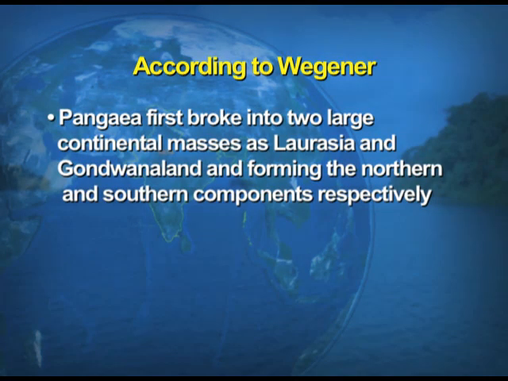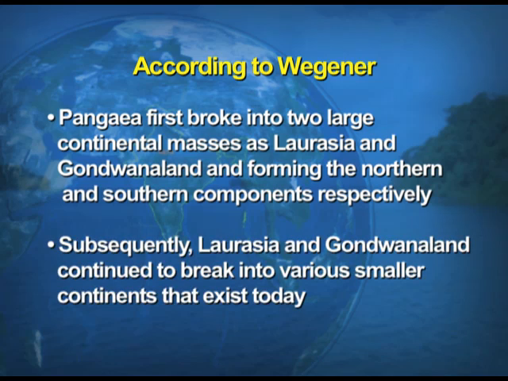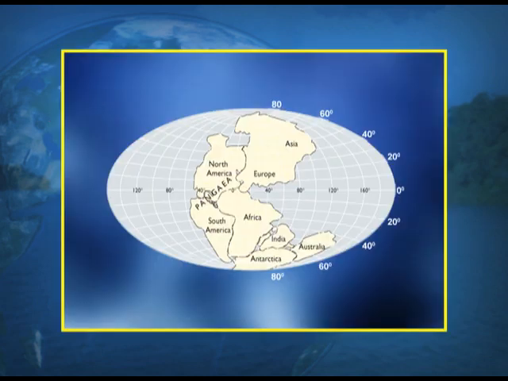This first broke into two large continental masses, Laurasia and Gondwana land, Laurasia forming the northern part and Gondwana land forming the southern component respectively. Subsequently, Laurasia and Gondwana land continued to break into various smaller continents that exist today. You can have a look at this map to see how Pangaea began to break.